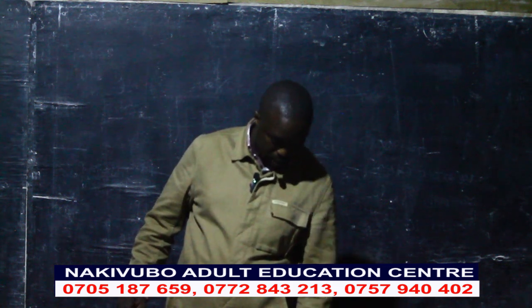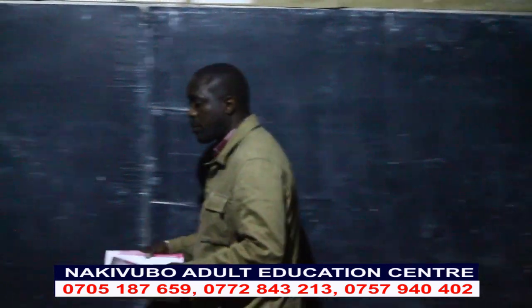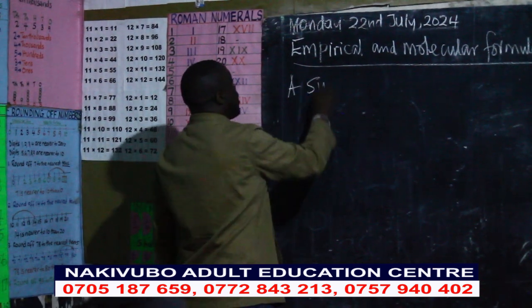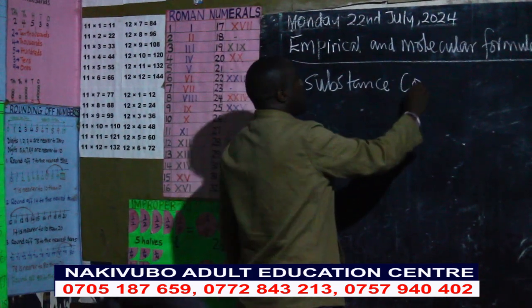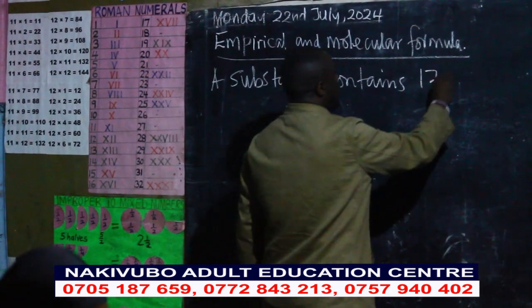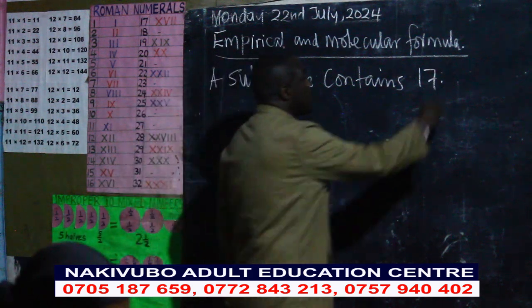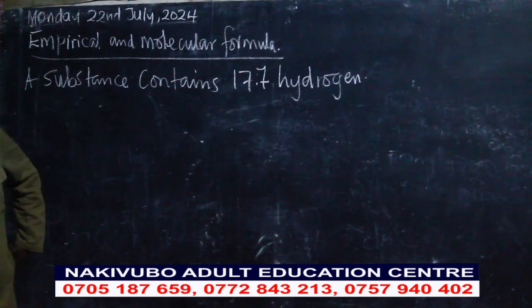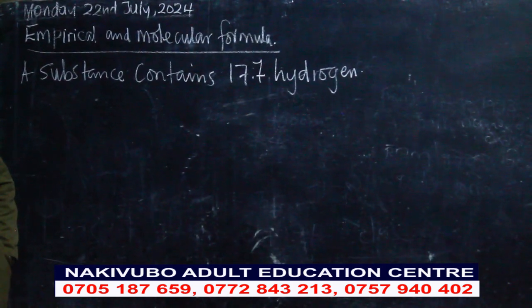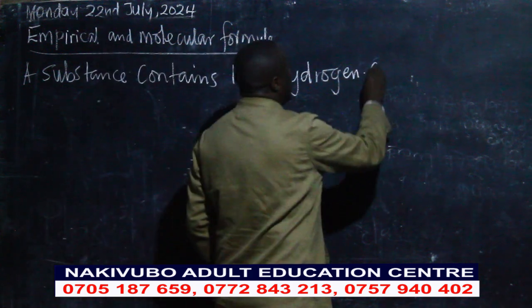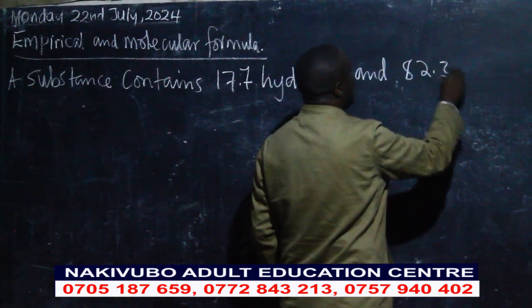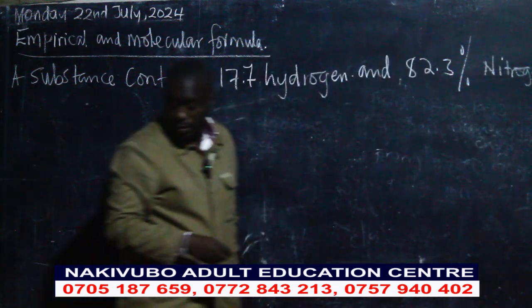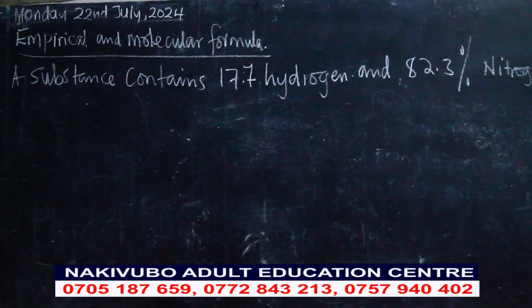So let's look at an example. A substance contains 17.7% hydrogen and 82.3% nitrogen by mass.